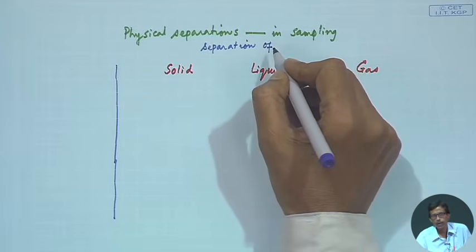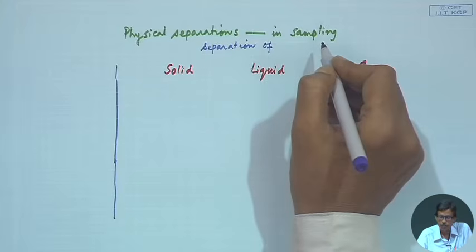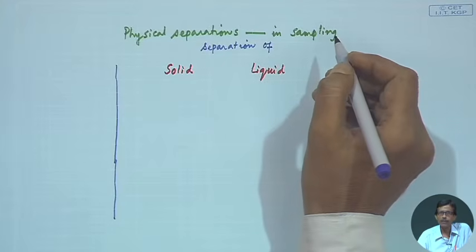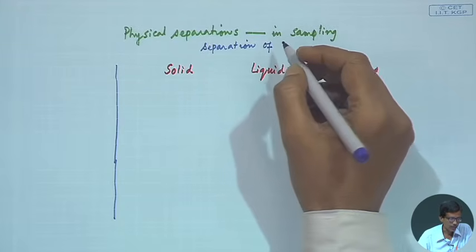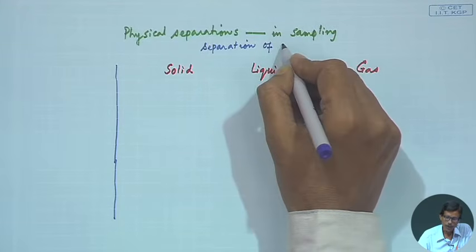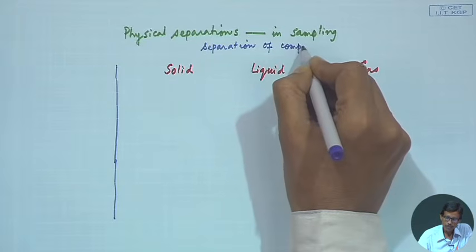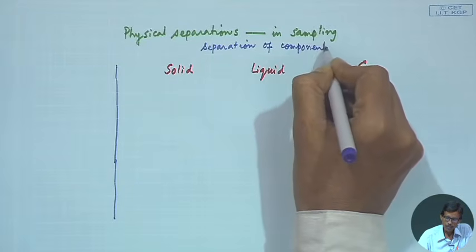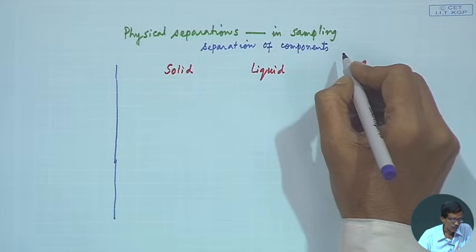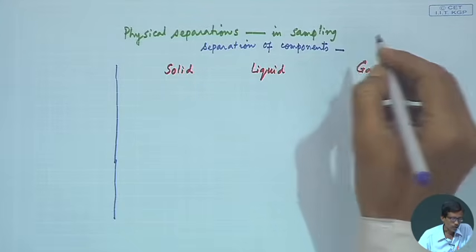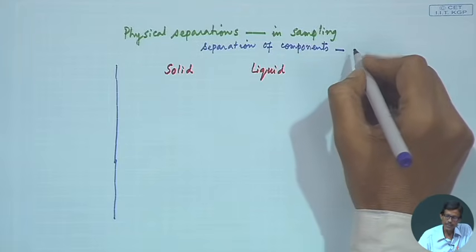If there are components A, B and C, and all of them are solid, then how do we separate these components which are present within the sample, due to the corresponding differences in the physical characteristics.